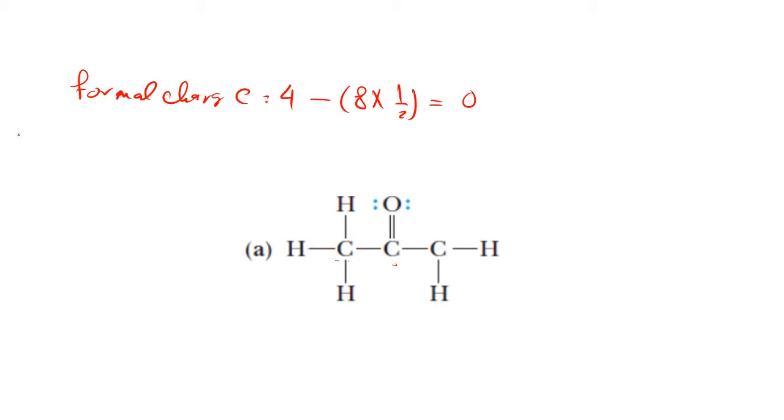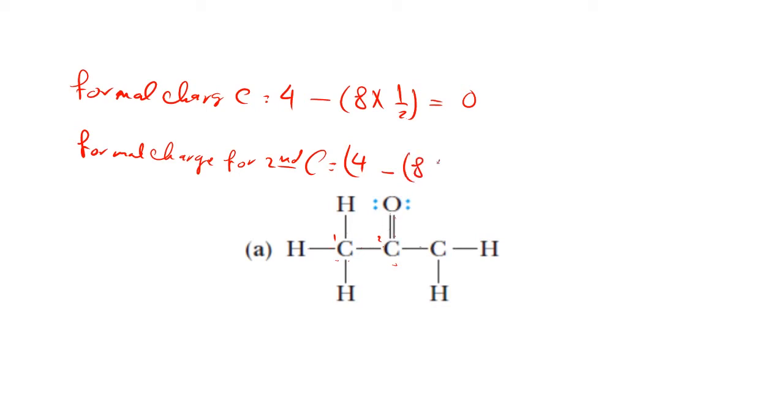Now for that carbon, this is carbon number 1. For carbon number 2, the formal charge for the second carbon is equal to the valence electrons, which are also 4, minus the unshared electrons, and I don't have any, but now I have 1, 2, 3, 4, 5, 6, 7, 8.